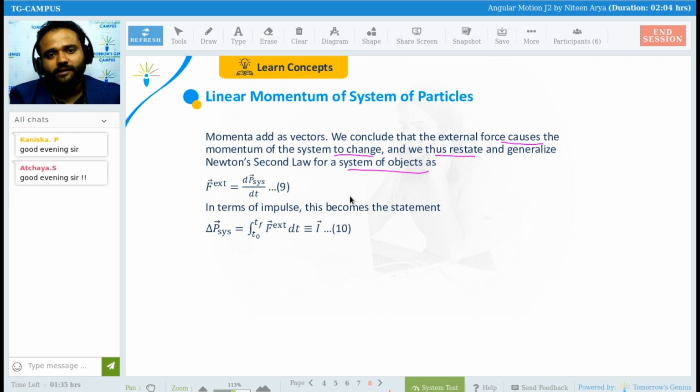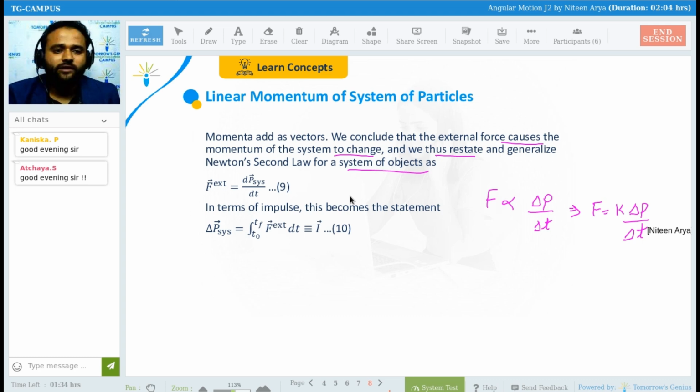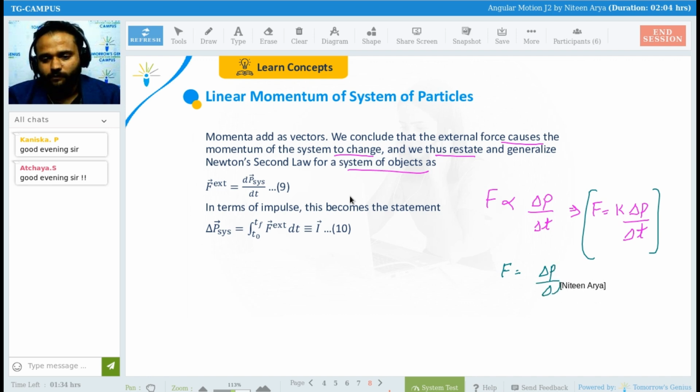As we know, Newton's second law says force is directly proportional to the rate of change of momentum, F equals K times the rate of change of momentum, and here the proportionality constant K is 1. So simply, force is the rate of change of momentum, which we know.